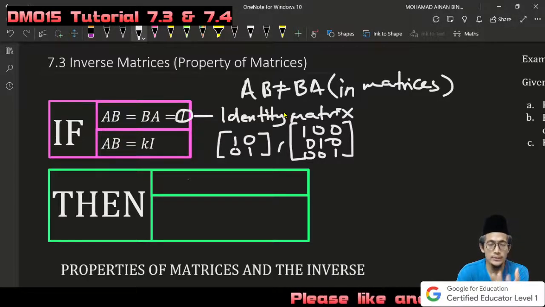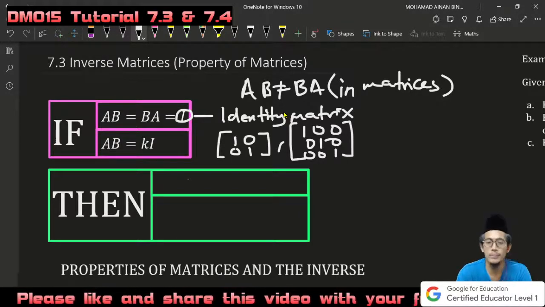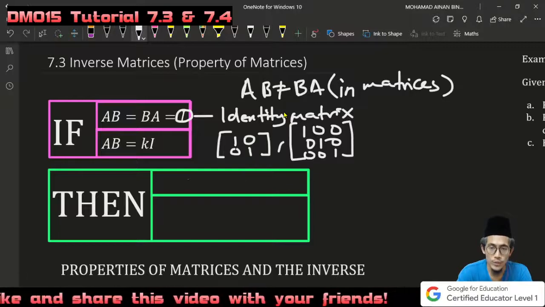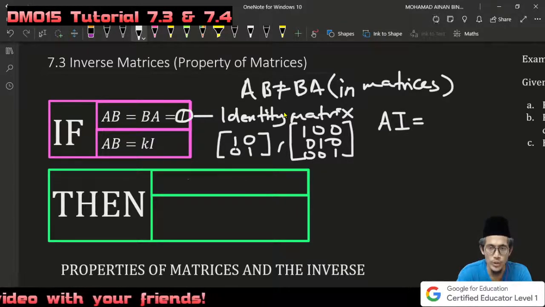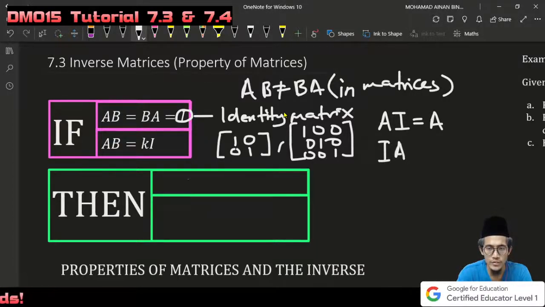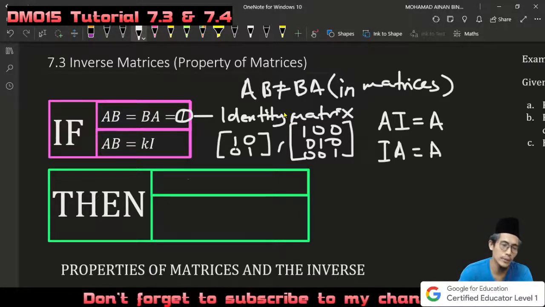Identity matrix, if we multiply with a matrix, we will get the matrix itself. For example, if we multiply A by identity matrix, we will get A. If we multiply identity matrix with A, we also get A. Memang nampak macam tak ada function je cikgu identity ni. Ada function dia. Sabar. Lambat lagi.